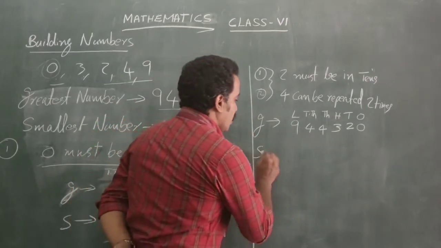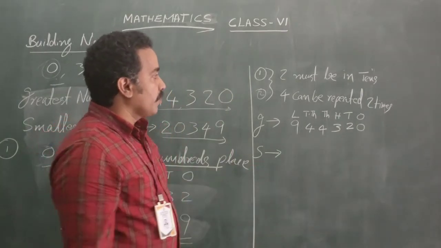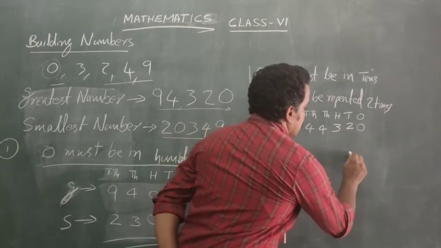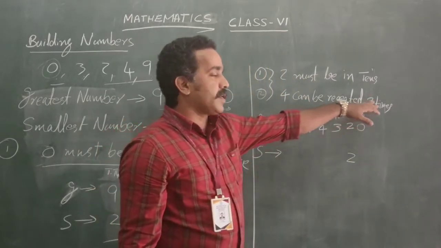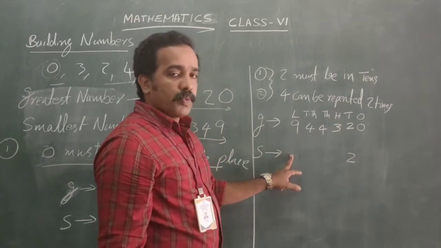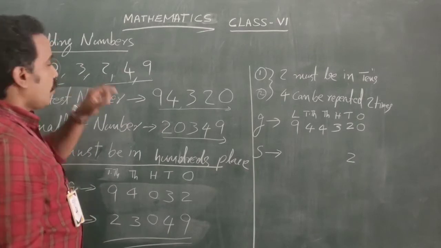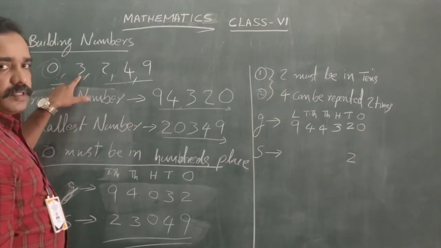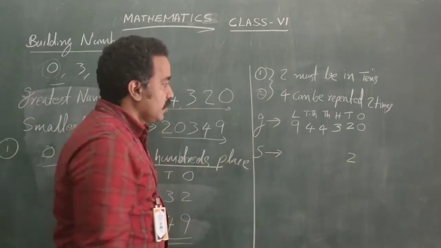How can we make the smallest number in that case? To make the smallest number, follow the same conditions. 2 must be in tens place. Tens place is here. Then 4 can be repeated 2 times. To make the smallest number, from the remaining 4 digits, take the smallest digit. Which is the smallest one? Actually 0, but 0 cannot be placed in the first place.